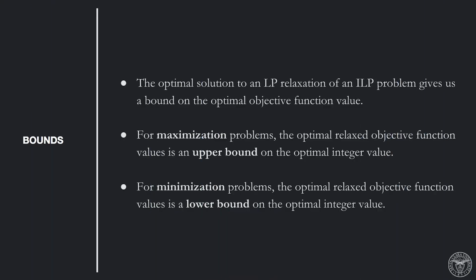And as we said previously, LP relaxation actually is a simplified form of the integer programming by removing the integer constraints. So remember this, whenever we have more constraints, typically the optimal solution of the more restricted problem will be worse than the problem without such constraints.